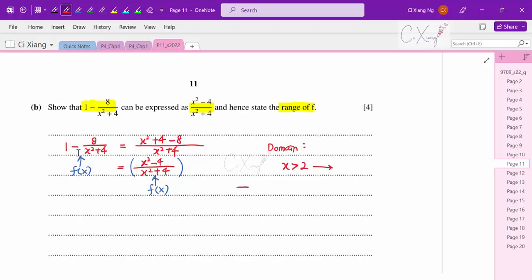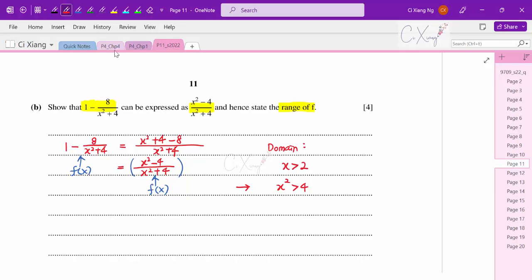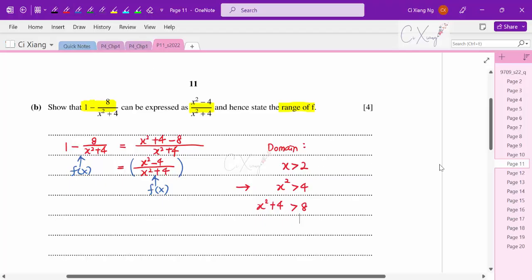When x is greater than 2, for the next one, if I'm having x squared, definitely I'm having 2 squared, which is 4. So I'm having x squared and then plus 4. When having x squared plus 4, basically you also need to have 4 plus 4, which is 8.